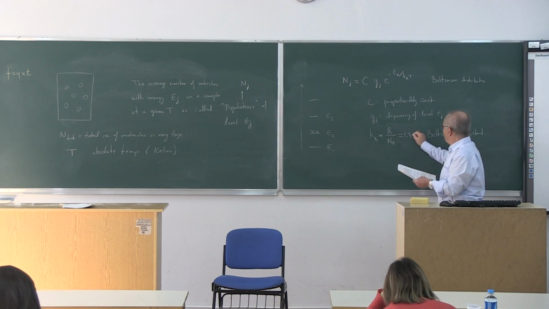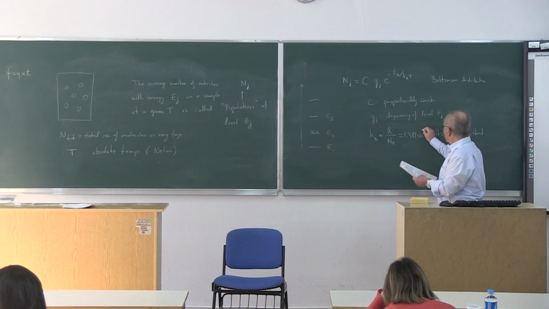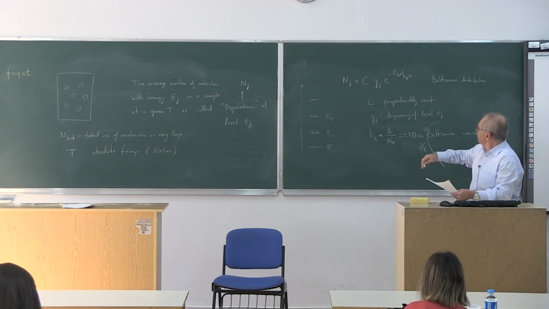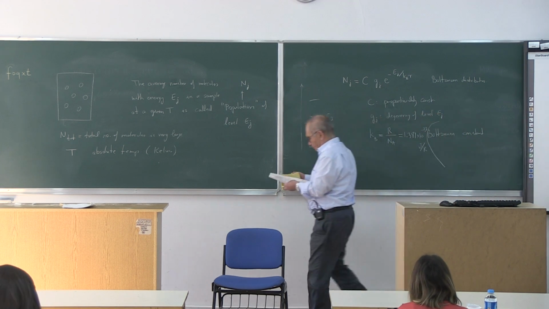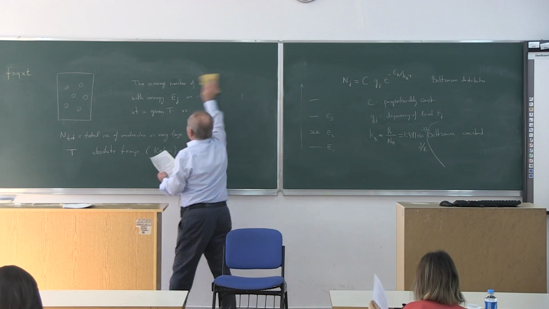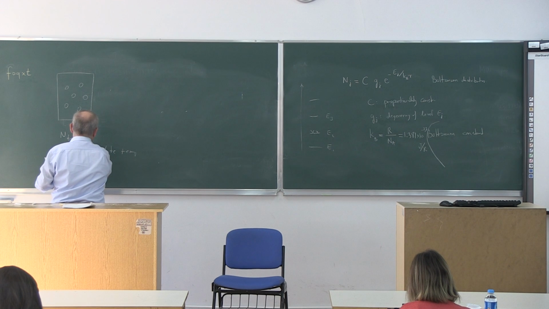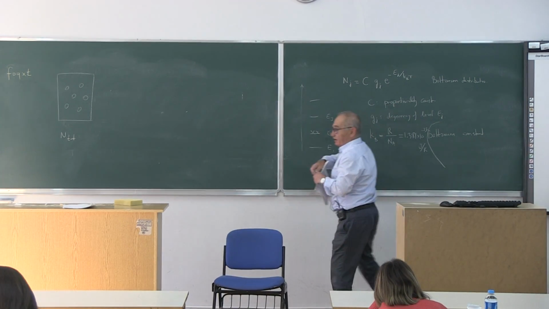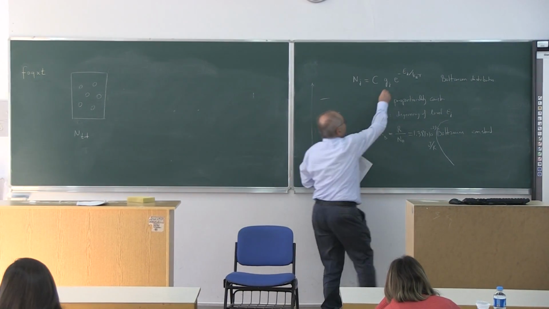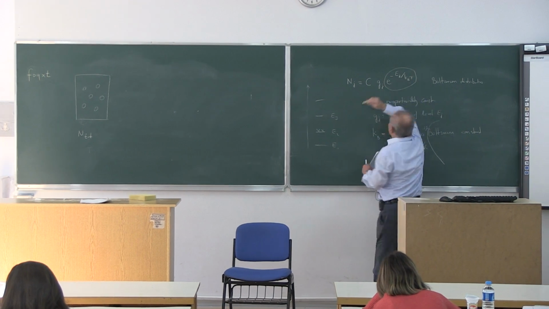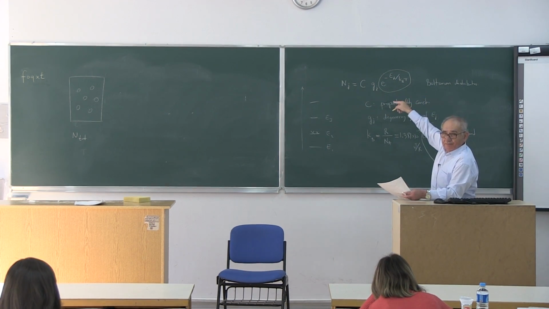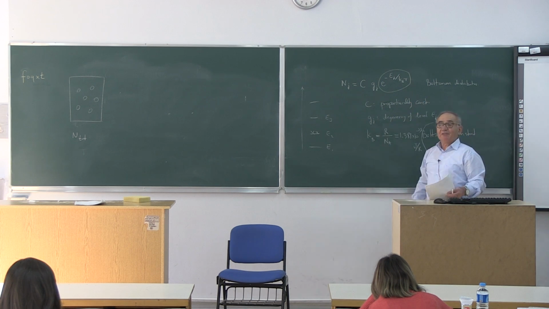Numerically, it is 1.381 times 10 to the minus 23 joule per Kelvin. This factor here is the exponential term, e to the minus energy divided by kT. That quantity is called the Boltzmann factor.